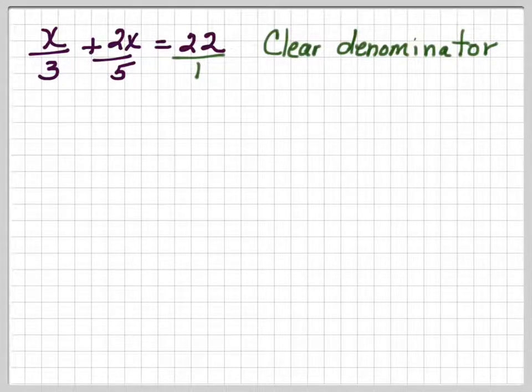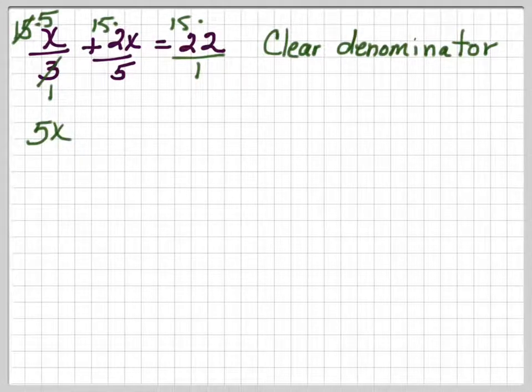The least common denominator is going to be 15 because that's the smallest number that 3, 5, and 1 go into. So we are going to multiply all three of our terms by 15. So we have 15x over 3. We can cancel this and we get 5x.